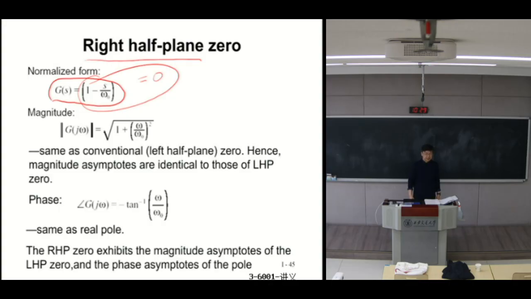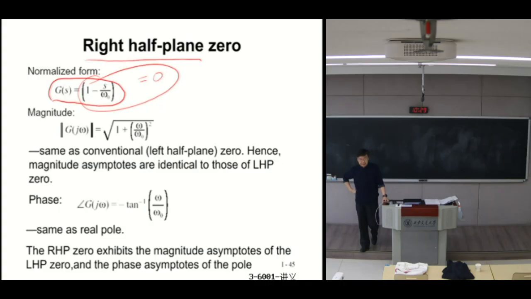When you solve this equation, that root could be located on either the left half plane or the right half plane of the complex plane. Basically, the normally seen single zeros and single poles are located on the left half plane.